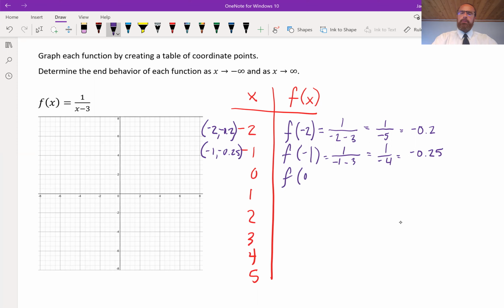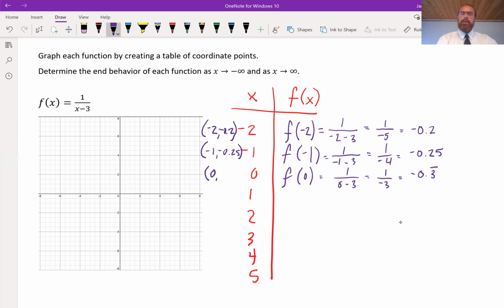F at 0 is 1 over 0 minus 3, which reduces to 1 over -3. As a decimal, that's an infinite repetition, so -0.3 bar, that 3 continues forever.